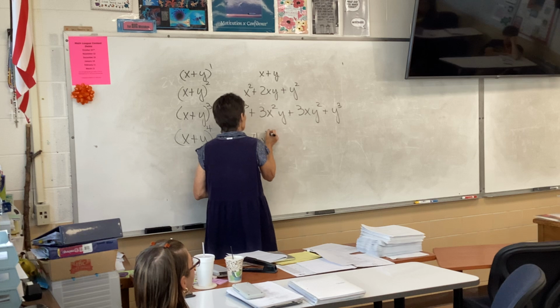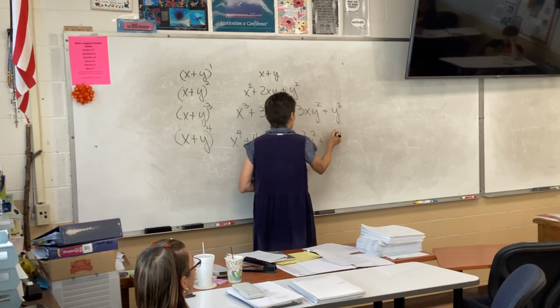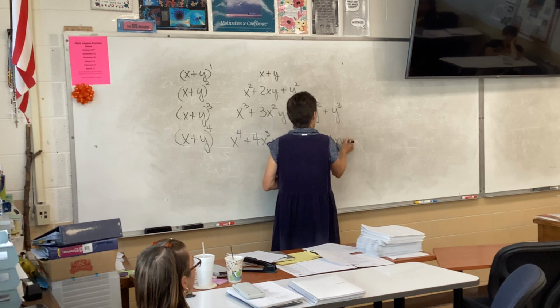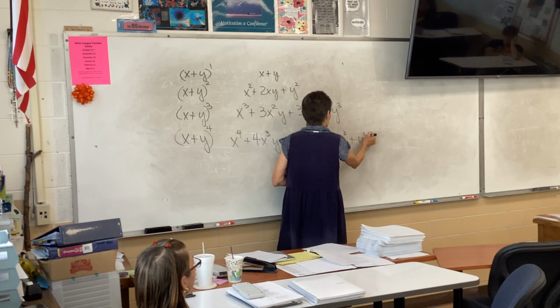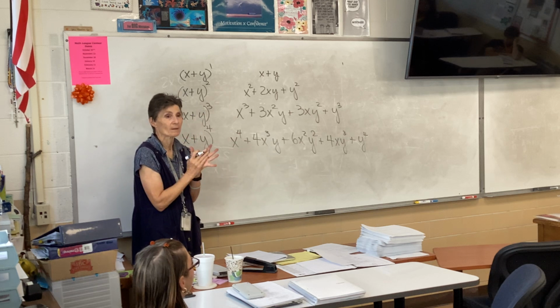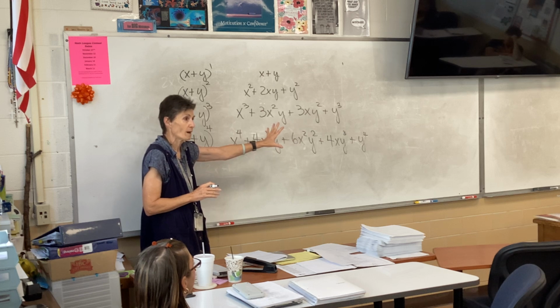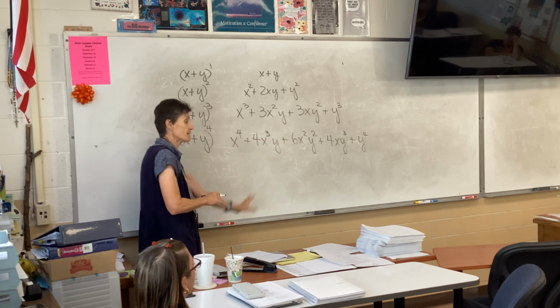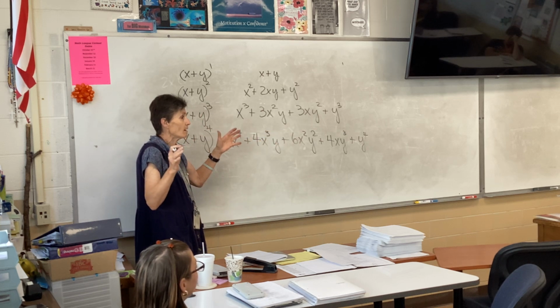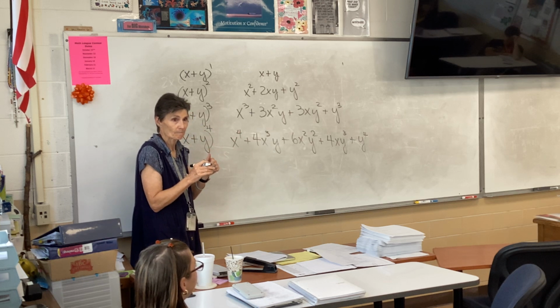This one I don't have memorized. I've done it a lot, but I'm not that smart. There has to be some kind of a pattern, because we could rattle off x plus y to the 5th, 6th, 7th, and write them all down without actually doing any multiplication.